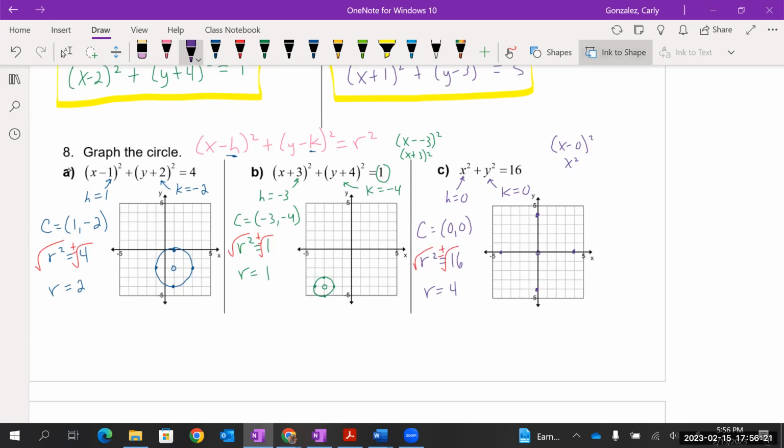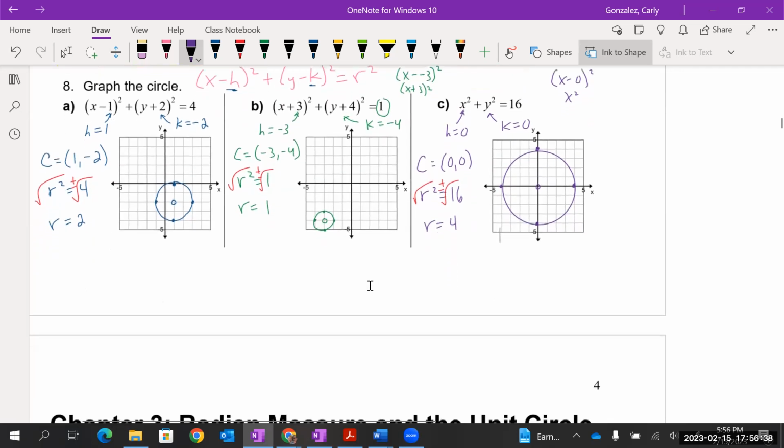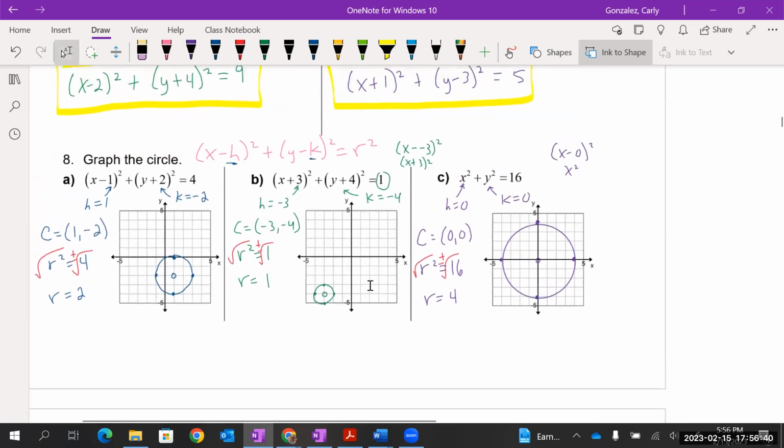And that will give us our circle. So our circle for x squared plus y squared equals 16 is centered at the origin with radius 4. And now we are ready for the rest of chapter 3.